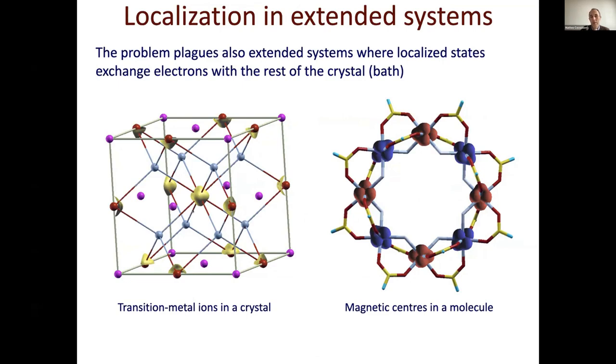So in a sense, it's the same thing that's missing. And that's why when we have transition metals or rare earth metals with localized states, we typically get into trouble if we use a standard approximation, because the energetics of electron exchange with the rest of the crystal is not captured very well by standard approximations.